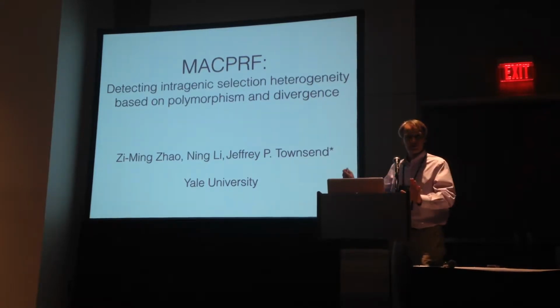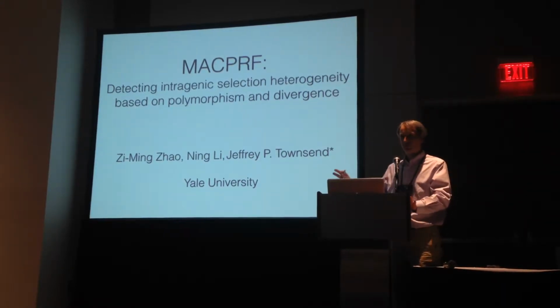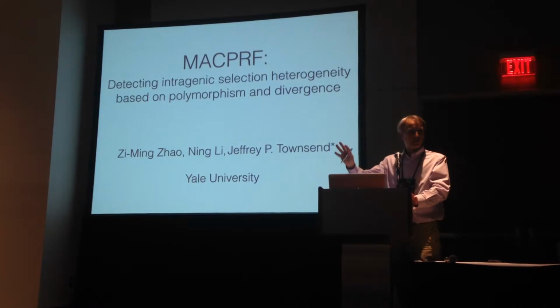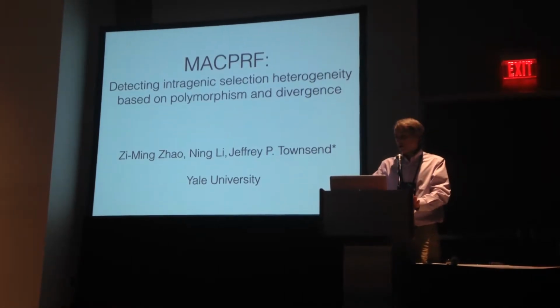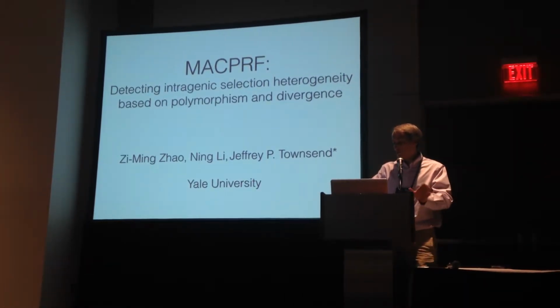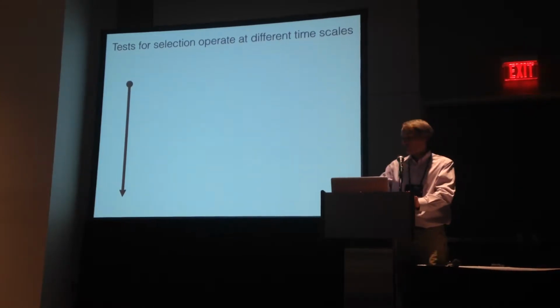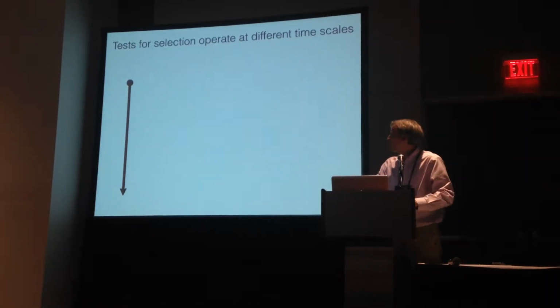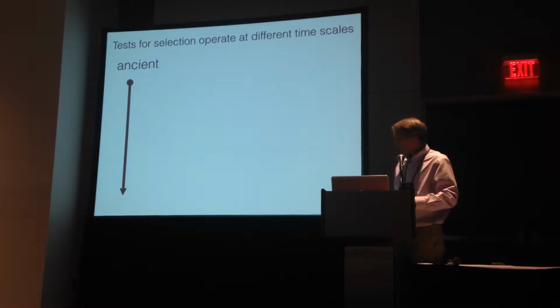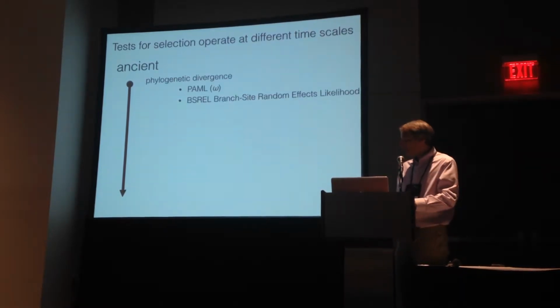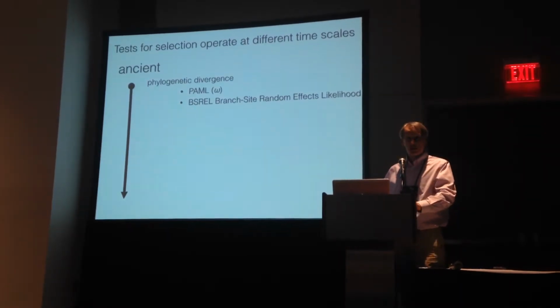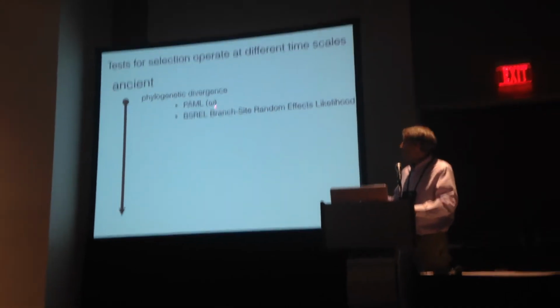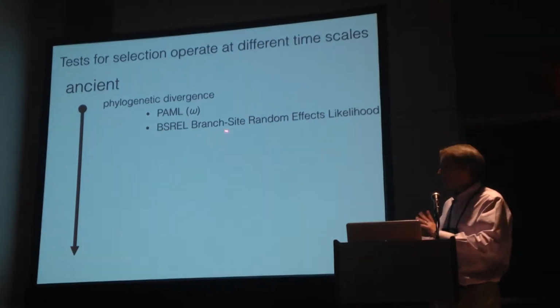Before I go on to my slides, I want to first mention this is very different from many of the things that you've been seeing in the talks recently, because most people aren't working with polymorphism and divergence. If we're looking for ancient selection, then some of the talks you've heard about today are using methods like PAML, estimating omega, or BSR, another method.